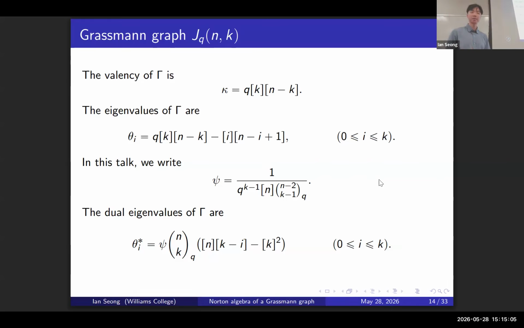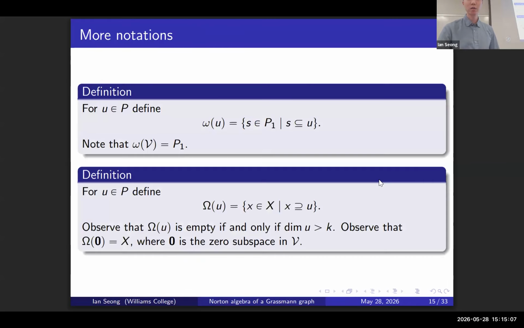All right, so here are some facts about the Grassmann graph. I apologize, there are a lot of notations, but more notations. In a projective geometry, we're going to define what the small omega of U is. For a subspace U in the projective geometry, we define the small omega of U to be the set of one-dimensional subspaces that are contained in U. One thing to note is that if we take the whole vector space V, then the omega of that is simply all the one-dimensional subspaces.